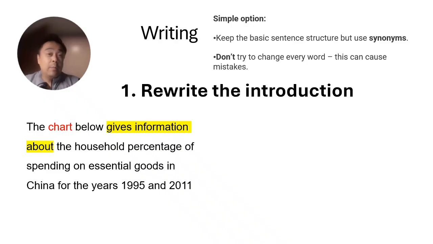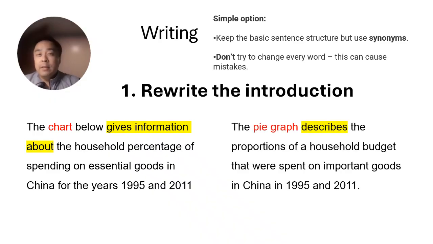Okay, now we begin the writing stage. The simplest way to get through the introduction is to paraphrase the rubric. A very simple paraphrase involves changing some of the words for synonyms. But be careful, don't change every single word, the meaning may change. Pause the video and have a read of this simple paraphrase.